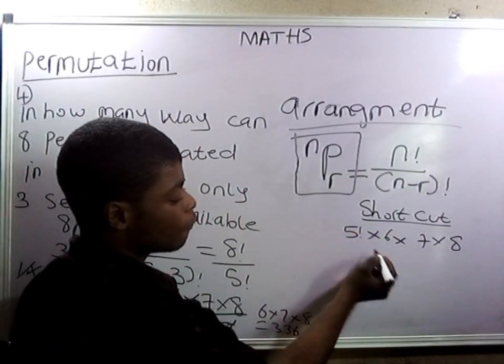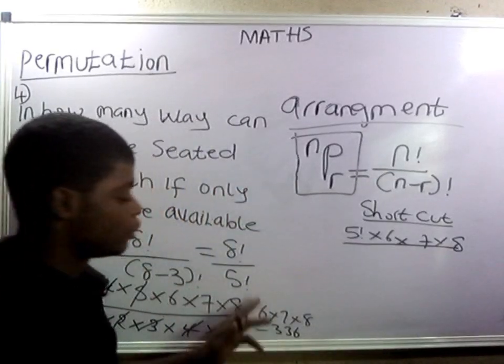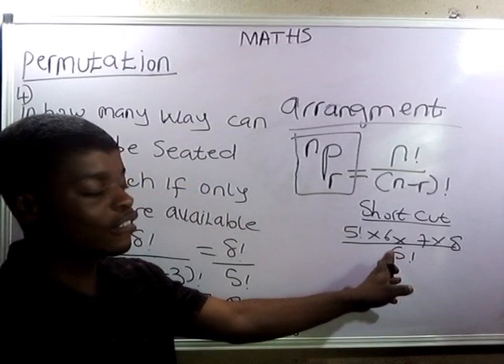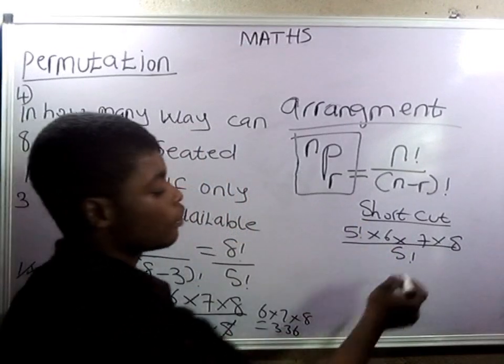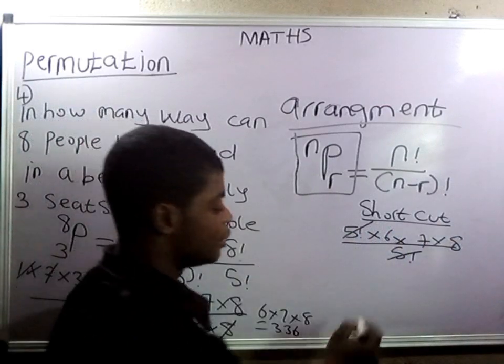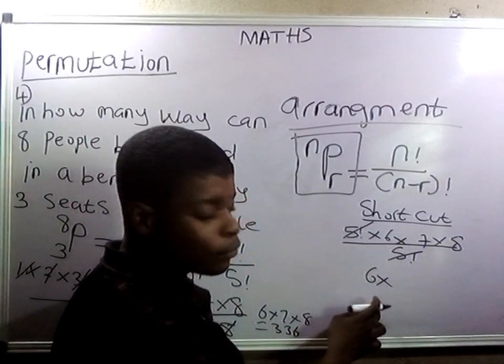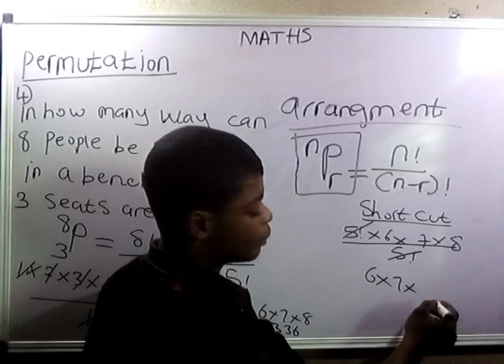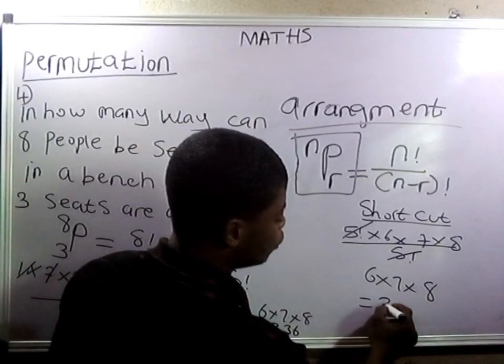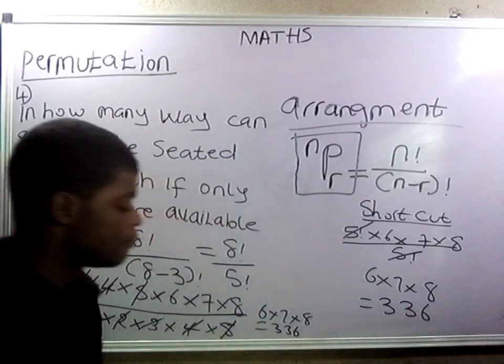Put the factorial there, all over the denominator, which is 5 factorial. That means 5 factorial can cancel 5 factorial. So now I have 6, 7, 8. So 6 times 7 times 8 will give us 336. The same thing we got here.